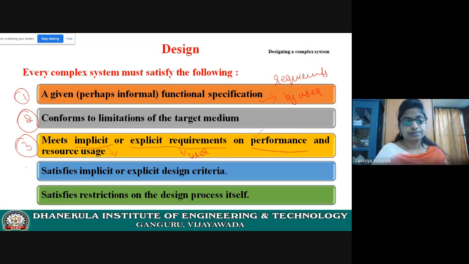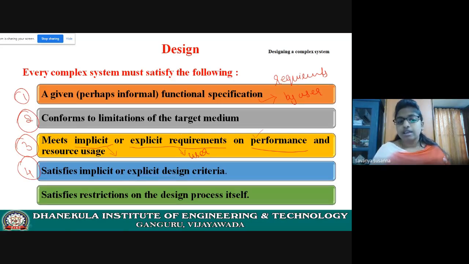Next one, satisfy implicit or explicit design criteria. See, while designing a complex system, you cannot satisfy all the requirements specified by the user. Your system may exhibit some fractional behavior, right? There will be some fractional behavior of the system.